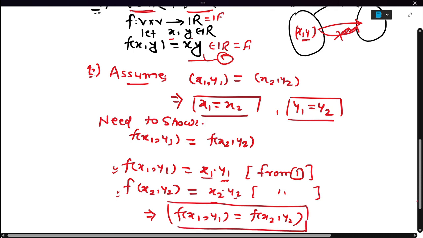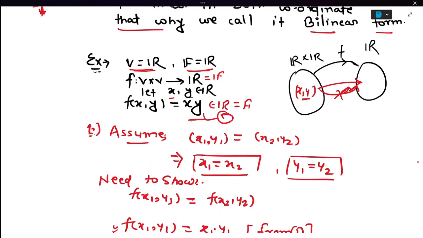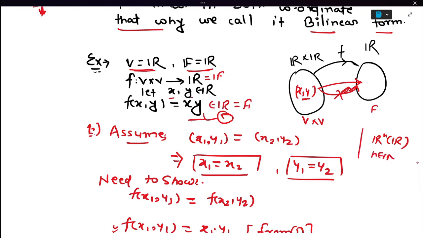here is a function from R cross R to R, and this is the field, and this is V cross V, where V is R. And we have seen that R^n over R is a vector space, for n belonging to the natural numbers, so we can have R over R as a vector space.